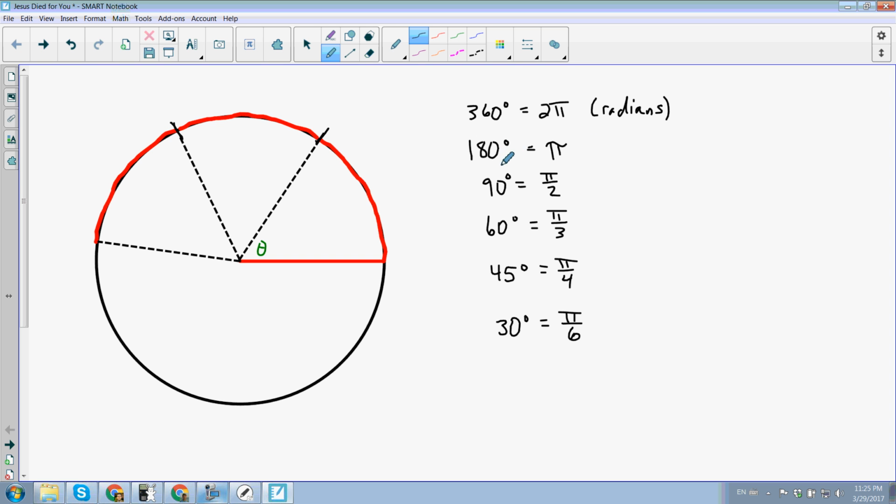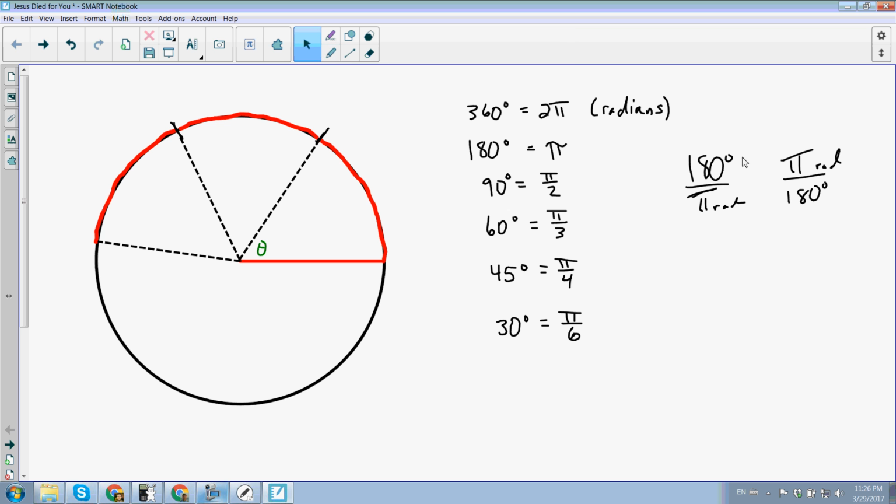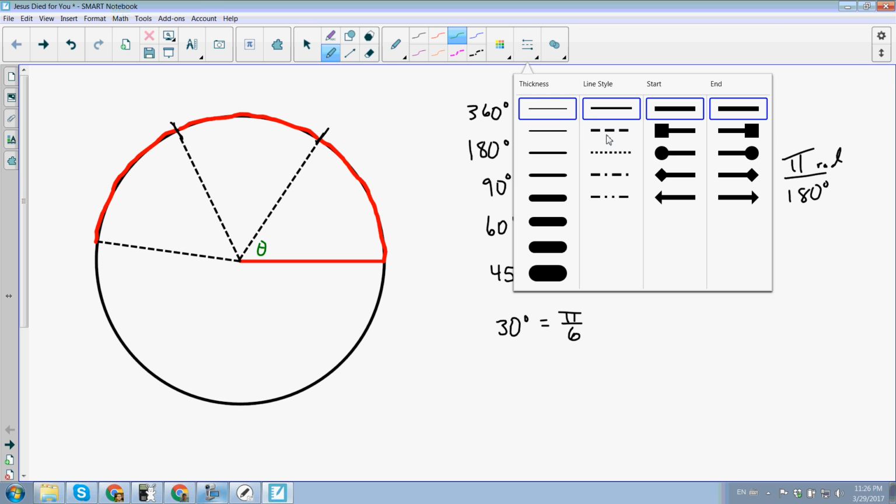Now, it's very easy to convert from degrees to radians and back and forth just using this conversion factor: 180 degrees over pi radians, or pi radians over 180 degrees.